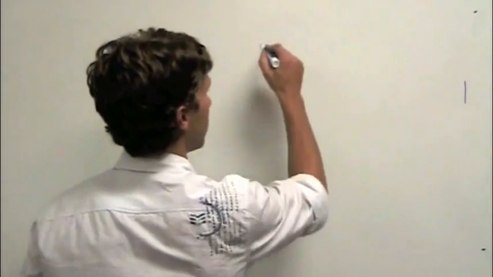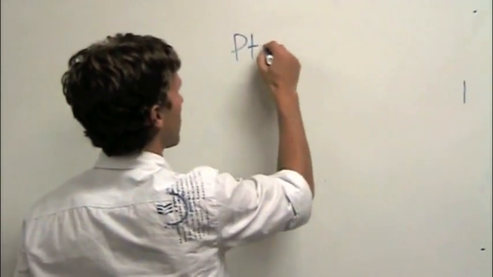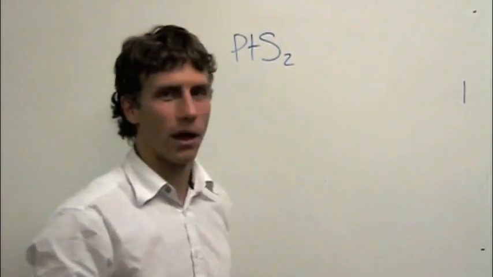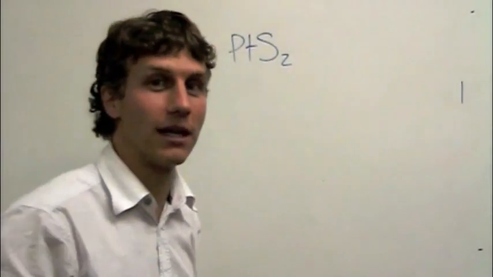Okay, you're probably thinking at this point, these are pretty simple. Let's try one a little bit more challenging. Let's try PtS2. And so we start with the metal ion. Pt is platinum.